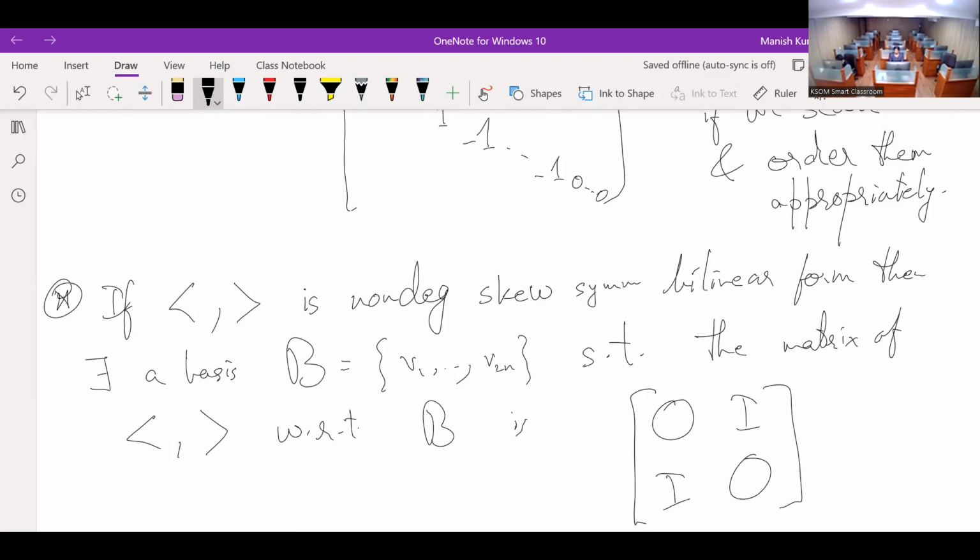The pairing with itself should be 0, so that's why you get zeros here, and I'm not sure if it's I or minus I here. It should be antisymmetric, so A transpose should be minus A. So one of them should be minus. So it looks like this.